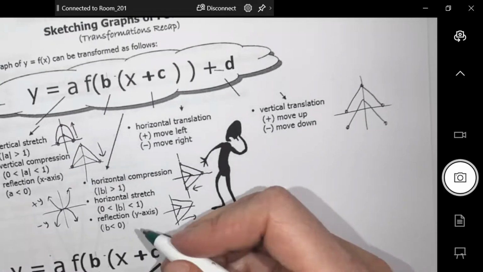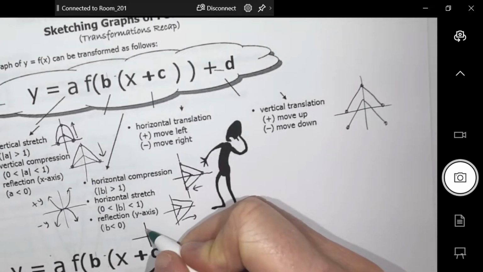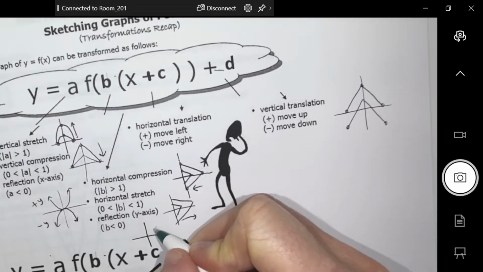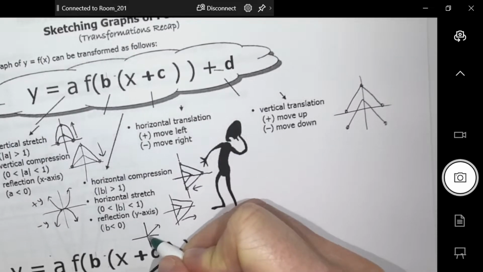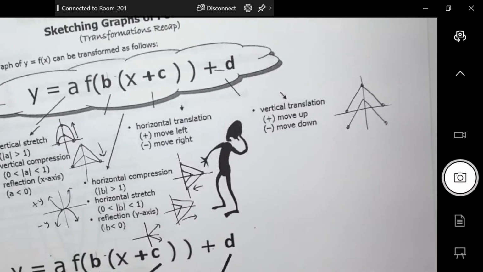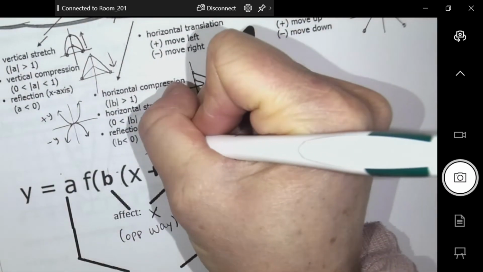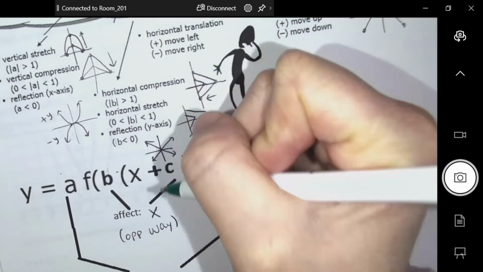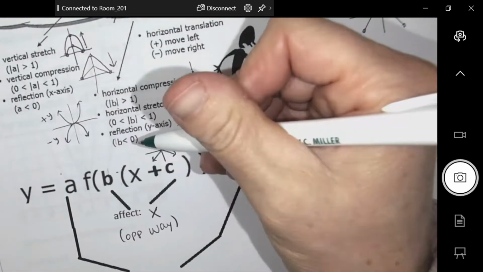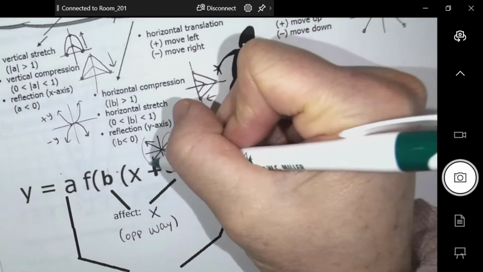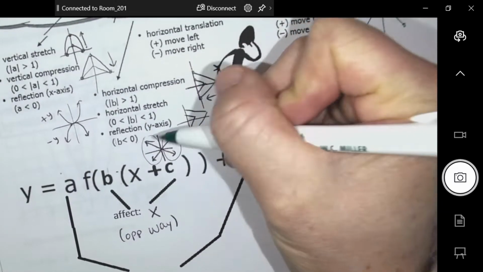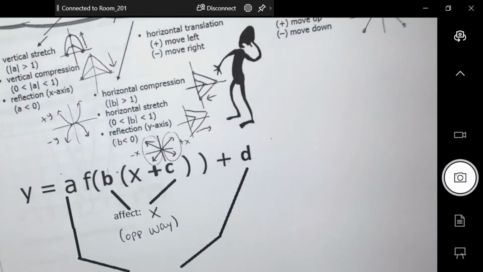And if you want to reflect, so if I take a shape like that and reflect it, I would reflect it over the y-axis. So from a positive x to a negative x, you're flipping it over the y-axis. So when something changes x, it goes over the y-axis.